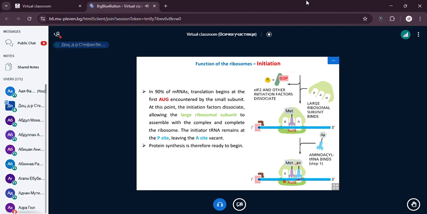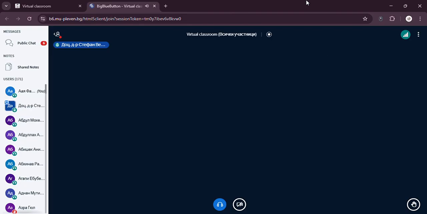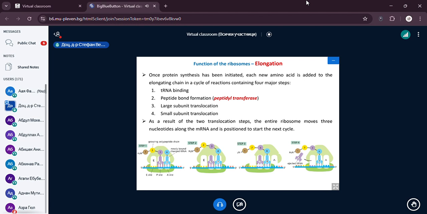Then the small subunit moves 3 nucleotides further along the messenger RNA, and when this happens, the first transport RNA is now located in the E site.